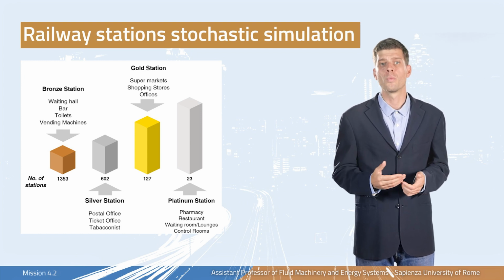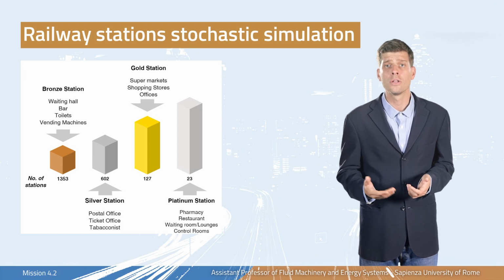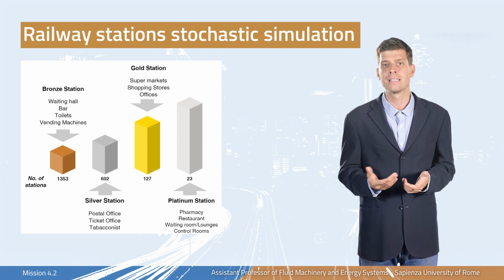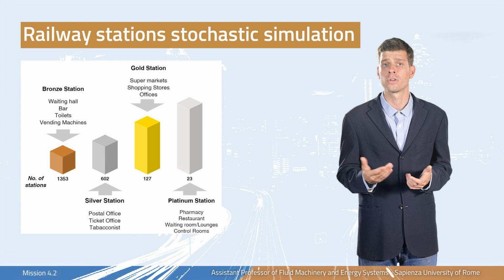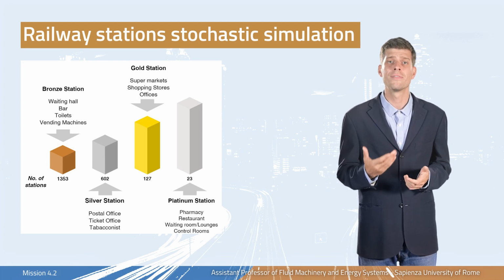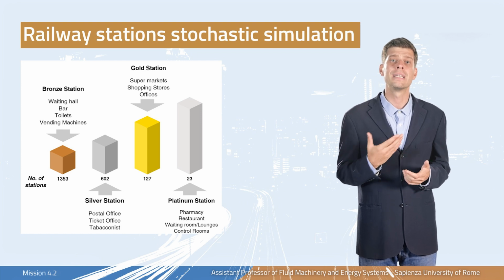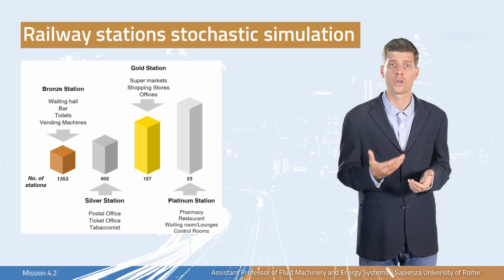Larger stations with more extensive public areas are more likely to contain all the services for a higher number of visitors. The graph summarizes the distribution of services across the 4 station archetypes that have been defined in the proposed taxonomy.